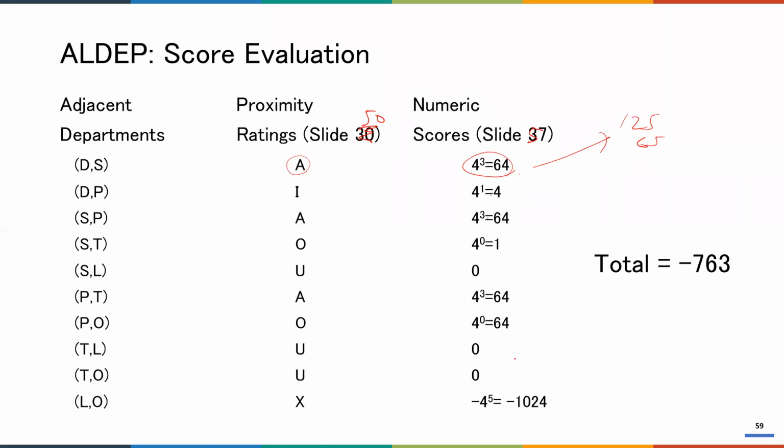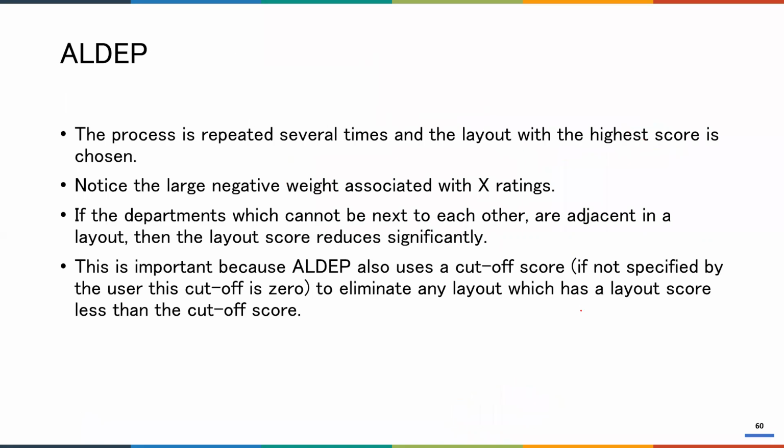Okay, in this case, we found out that the locker room and office shouldn't be placed next to each other. However, our layout shows that they are placed next to each other, so we have the total evaluation score of -700, right? It means this current initial layout is not good and we need to redo it.